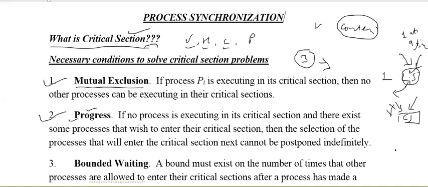If study is your critical section, then one person, your best friend, is not interested in studying, and is restricting you from entering the zone of study. That is halting of progress.